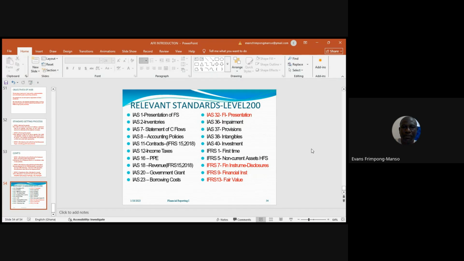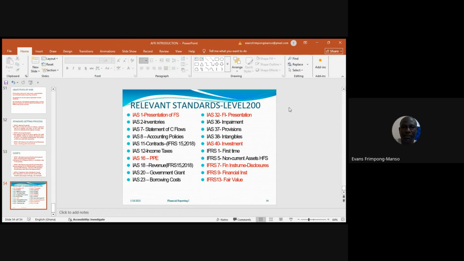In our next meeting again, we will look at IAS 16, property, plant, and equipment. We will look at IAS 40, investment properties. And then the next meeting, because today we have done this one, the IAS 1. You have done this one.